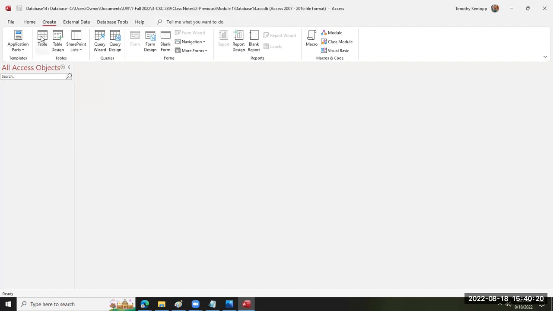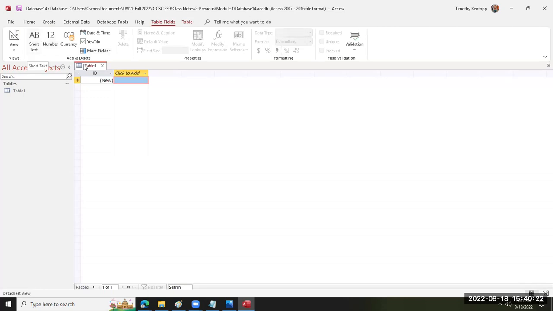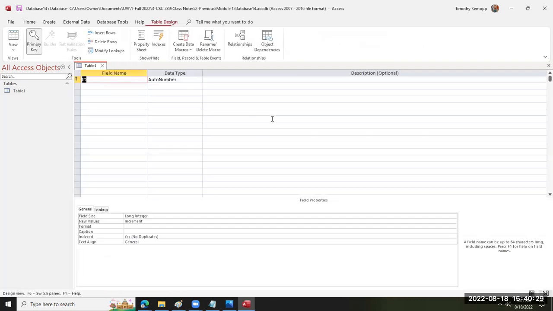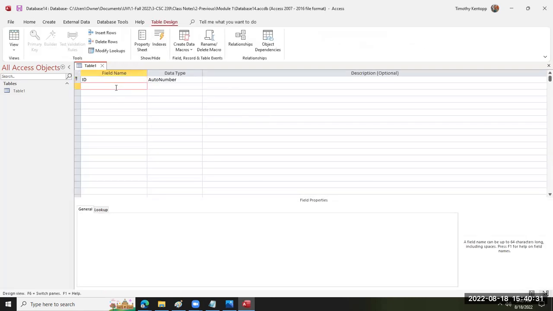You have alphanumeric. So if I'm creating a new table and I want to design something out of this, I go into design view. I'll call this table 1. I can add a new field called first name, F name, right?